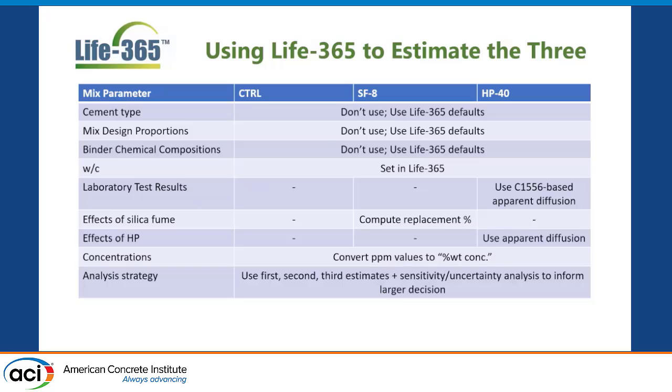For the HP40, I needed to use the laboratory results from C1556 because I needed an apparent diffusion coefficient. That particular admixture is not in Life-365, so I needed to go to lab tests and put those results in the model. That was C1556 for the apparent diffusion coefficient, which I got out of an ACI publication.